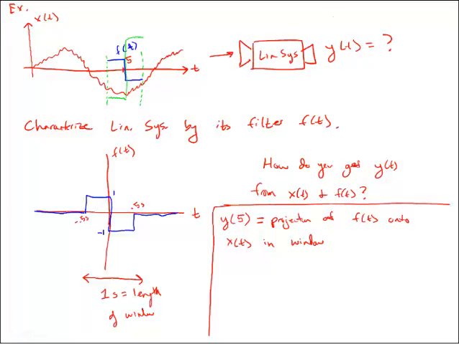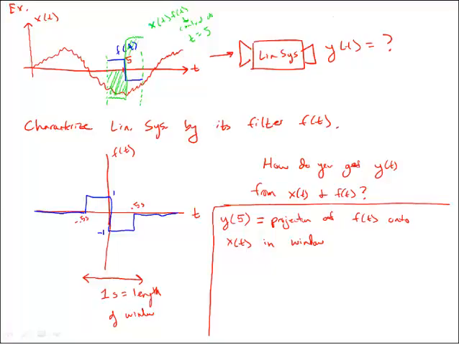So that's the product of x of t and f of t, where f of t is centered at t equals 5. To get the final value of the projection, we then take the integral of that product.